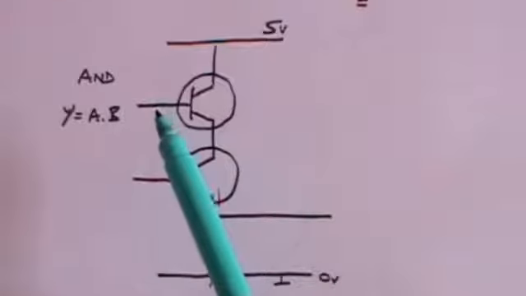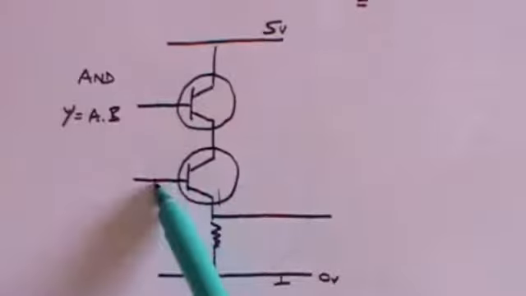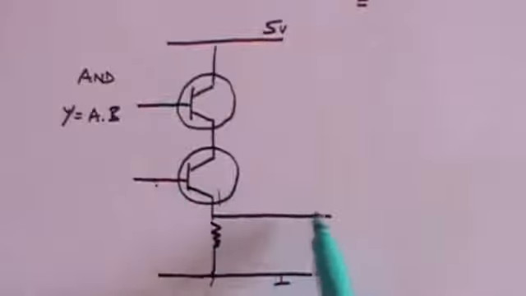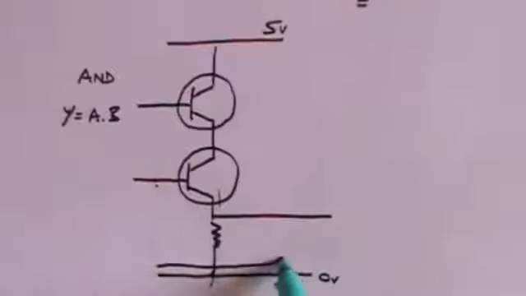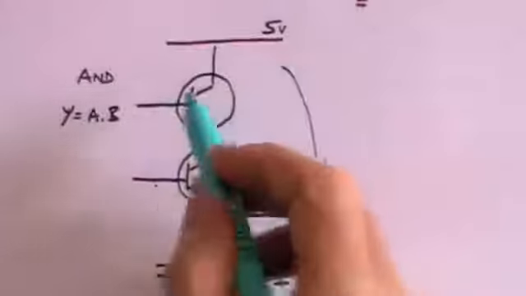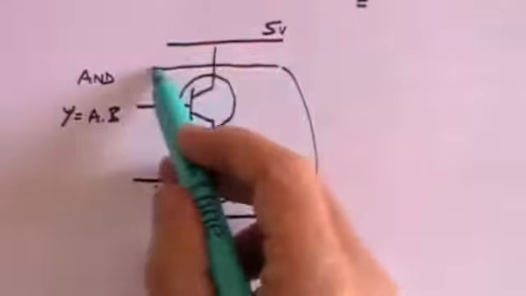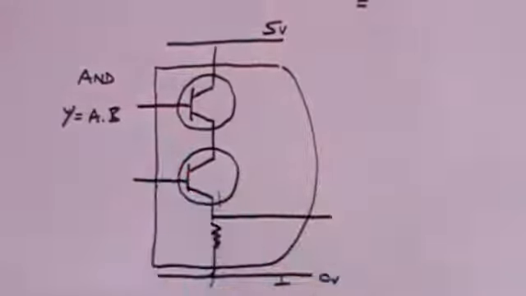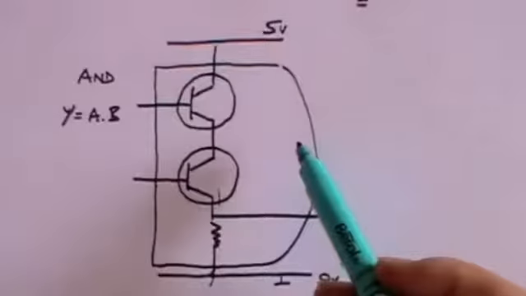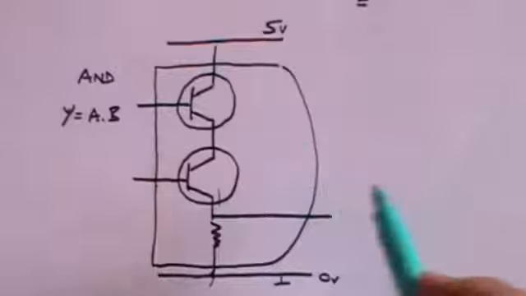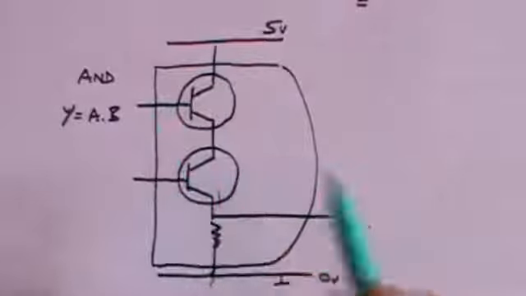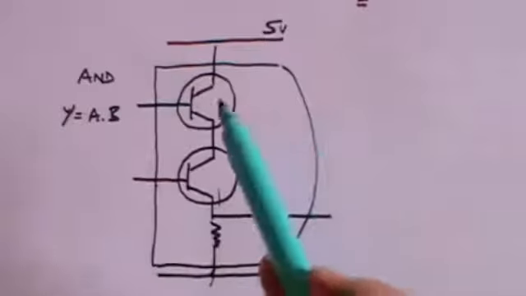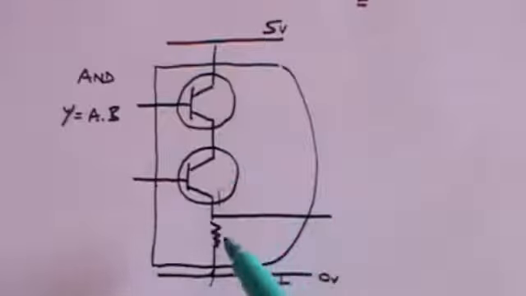So if and only if both of these inputs are positive, you get a positive output, and that's the AND gate. And the symbol for the AND gate is something that looks a bit like this. So when we draw the AND gate in this form, what we're actually saying is that here are the two inputs, here is the output, and these two transistors and resistance are what's contained within.